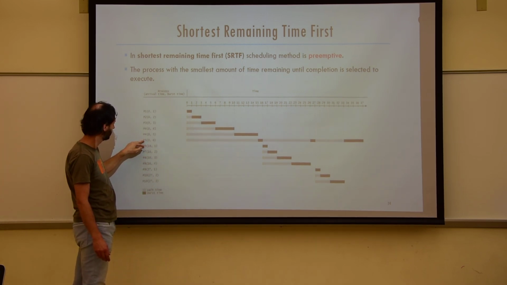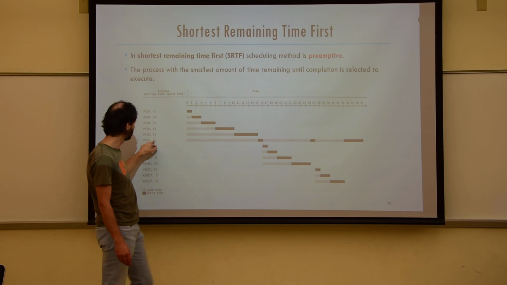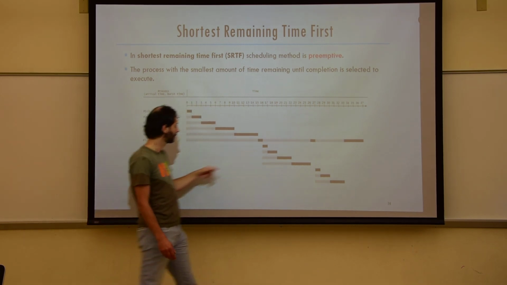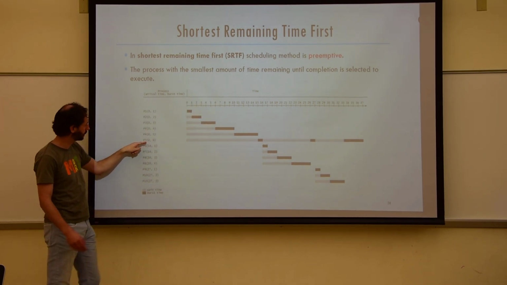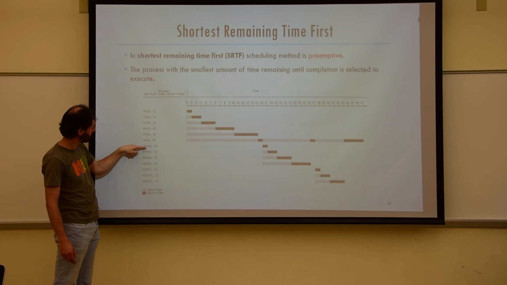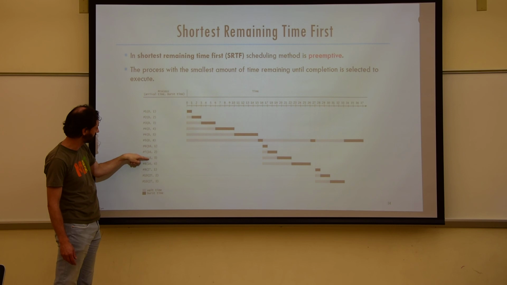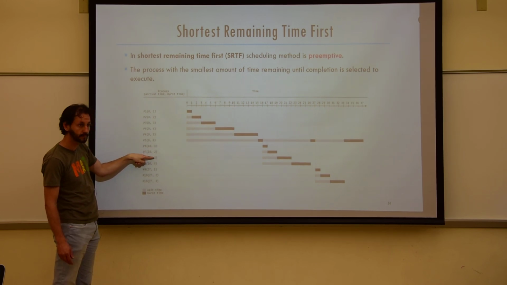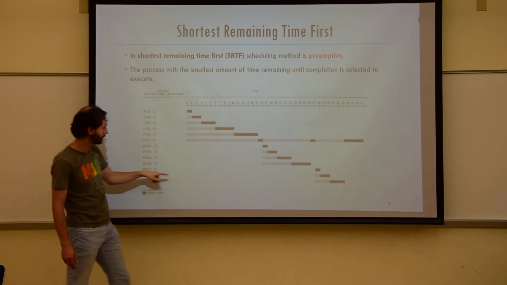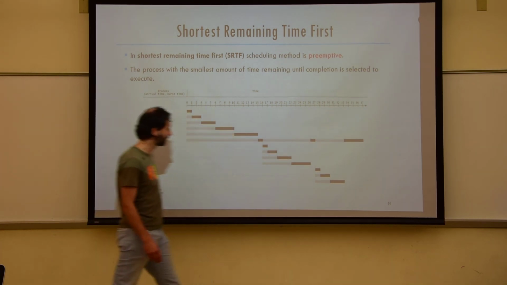So P5, task 5, is starting out, can do only 1 unit of work, because now at moment 16 all these tasks come in, but notice they have shorter amounts of time than the remaining time, which is 5. So that's why we see here 1, 2, 3, 4.